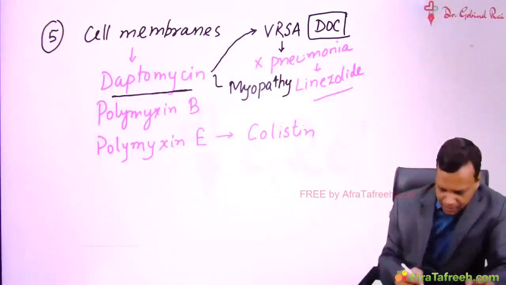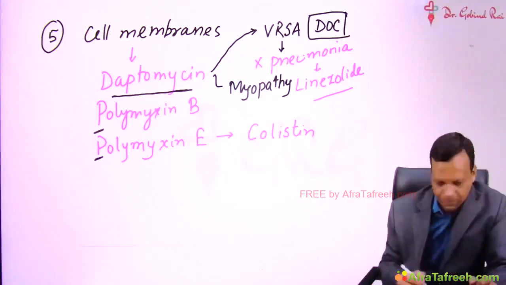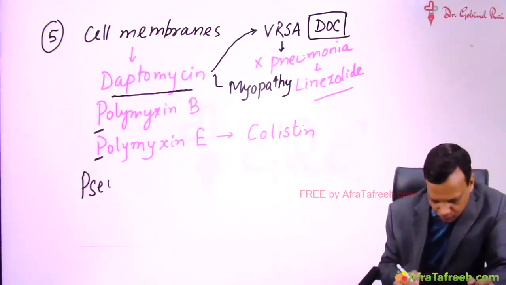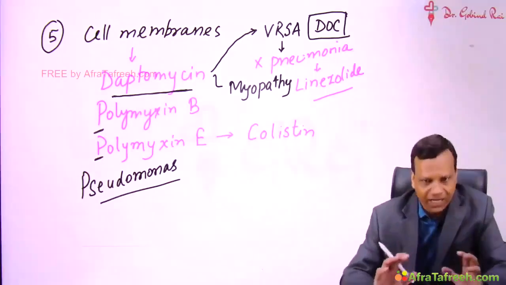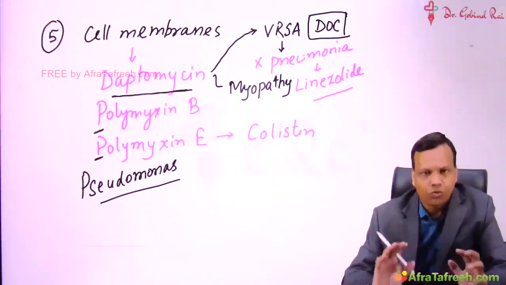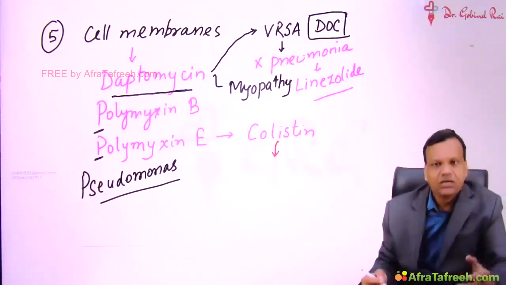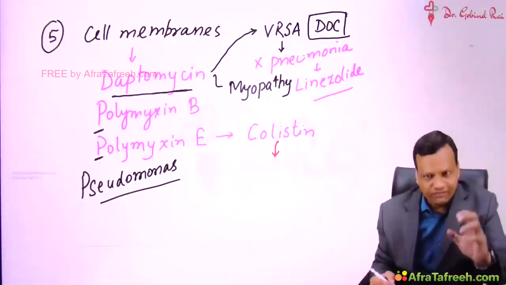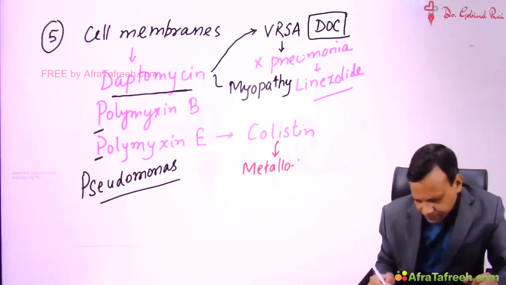Clear? Then polymyxins: P for polymyxin B, P for polymyxin E, P for pseudomonas. So polymyxins are effective against pseudomonas infection. Mainly they are used for gram-negative infections, including pseudomonas. For colistin in particular, the question is asked that it is effective even against metallo-beta-lactamase producing bacteria.